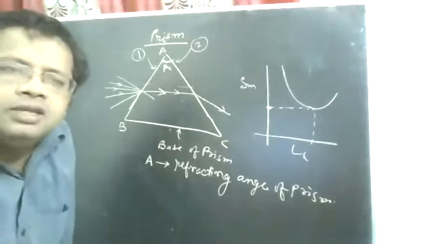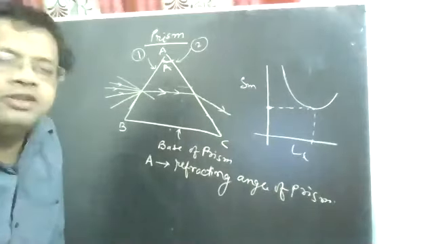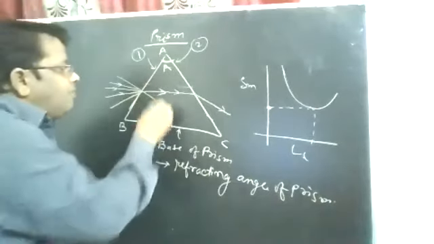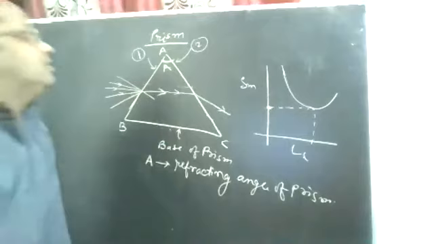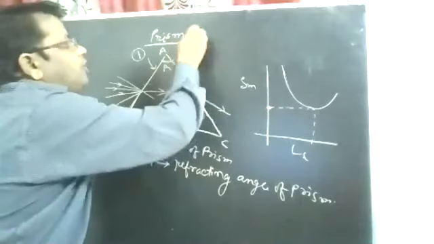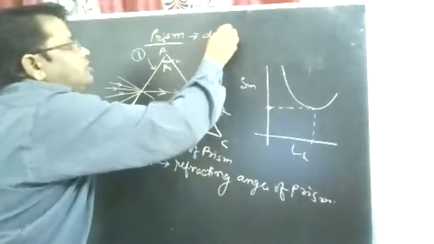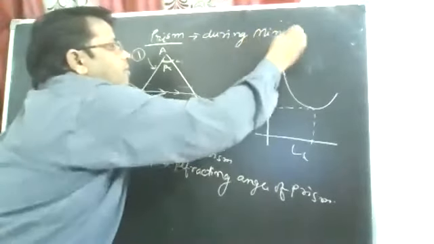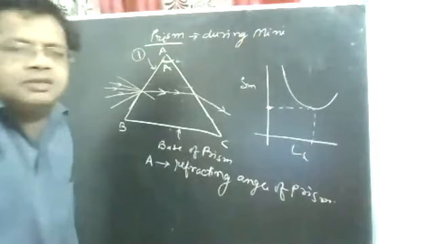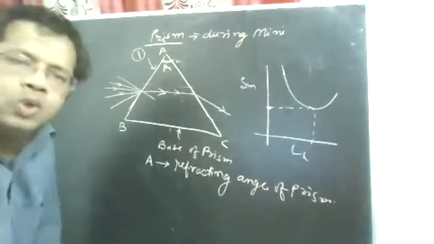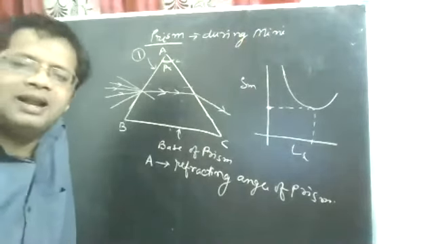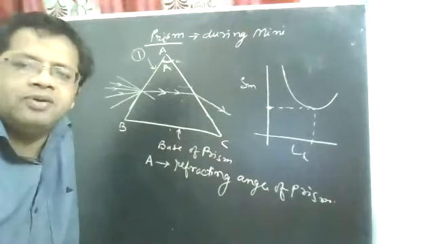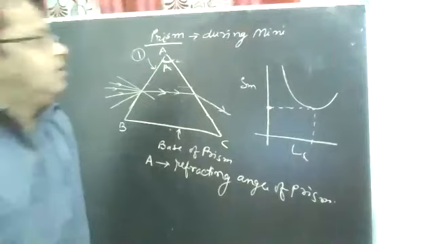So we are just here deriving the formula for the minimum angle of deviation, when the refracted ray becomes parallel to the base of the prism. This is a very important derivation and graph that you should know, and this is one of the practical experiments that you have to perform in lab activity.